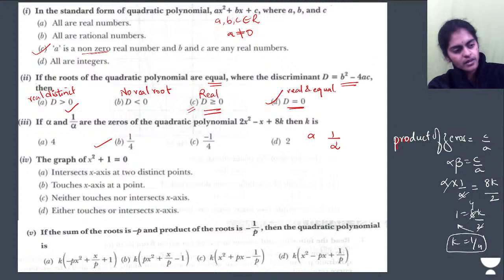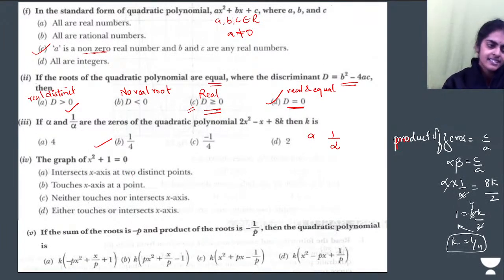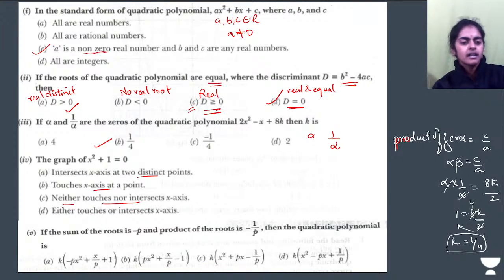So the graph of x square plus 1 equals to 0. Graph of x square plus 1 equal to 0 intersects x-axis at two distinct points, touches x-axis at a point, neither touches nor intersects. Either touches or intersects. कैसी होगी graph of x square plus 1? थोड़ा दिमाग लगाओ. Let me know the answer. What do you think is the graph of this polynomial? इसका ग्राफ कैसे दिखेगा?